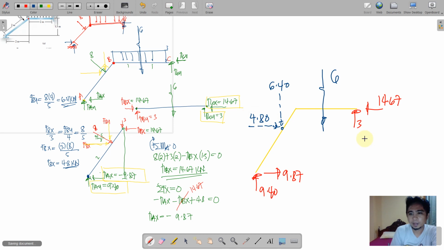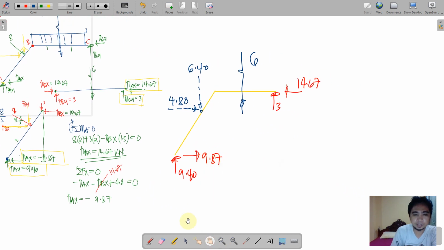Now, we investigate our reaction by summation forces X and Y is equal to 0. So when we have summation forces X is equal to 0, considering the whole structure we have, pa-right na 9.87, so that is positive. Pa-right na 4.8, it's also positive.